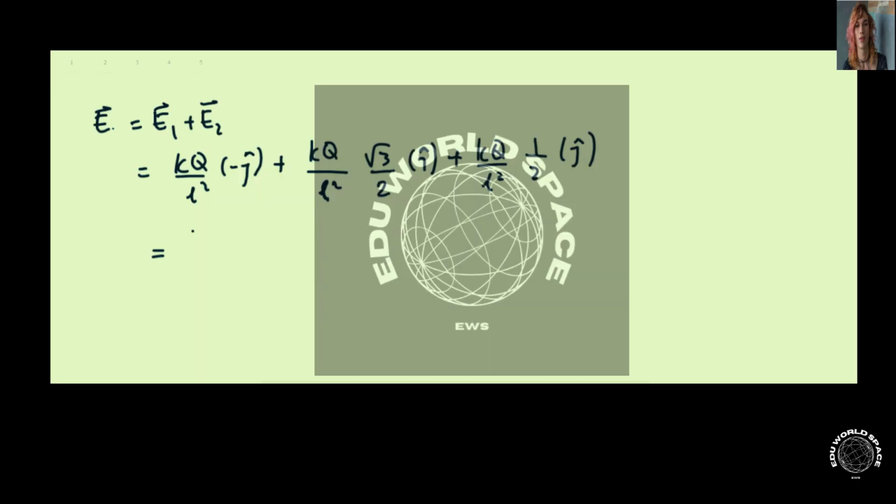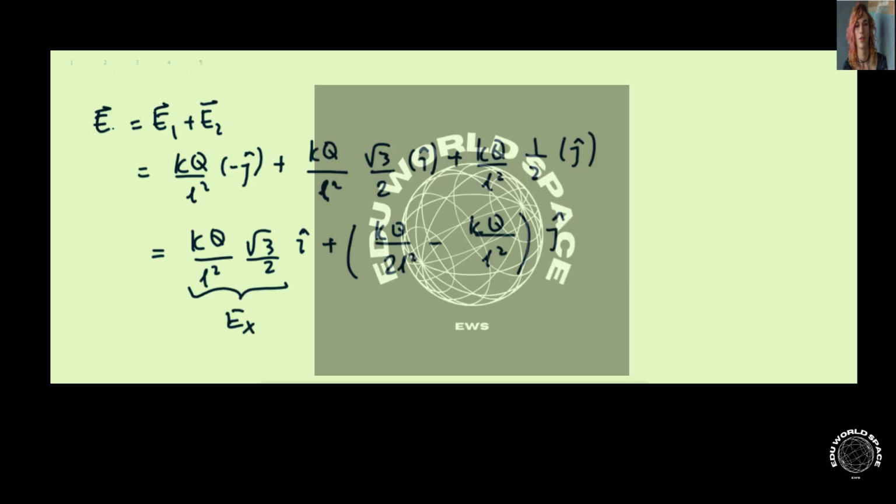In the i hat, I only have kq over L squared square root of 3 over 2 i hat. For y, I have kq over 2L squared minus kq over L squared j hat, right? So this is the x component of the total field, and this would be the y component of the total field.